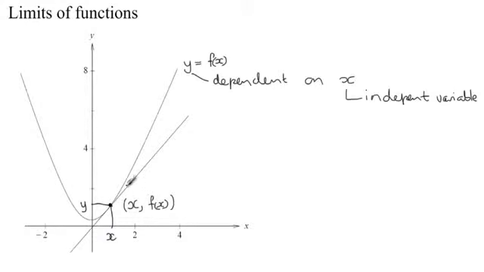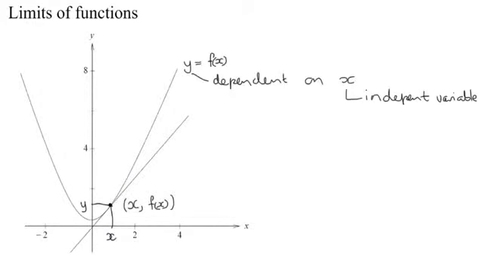So everywhere we see a point on the curve, that point will be of this nature: x, the independent variable, and the value of the function at x. If we join those points, that's where we get this graph. That is very important to understand.